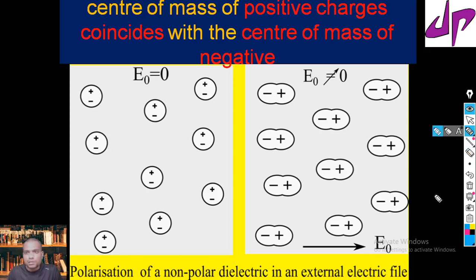Now here you can see the next diagram. Suppose you apply a certain electric field; now the electric field is not equal to 0. Now notice how this molecule changes its shape.